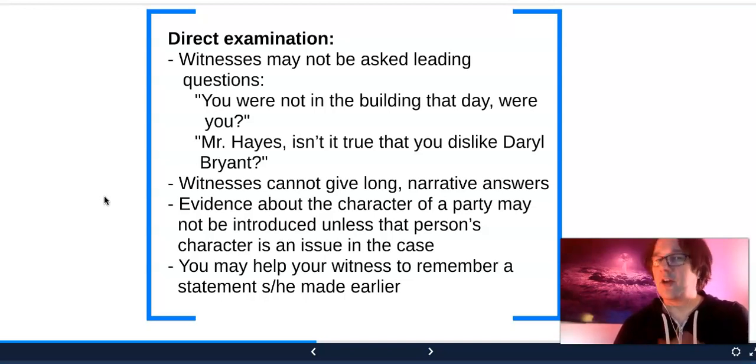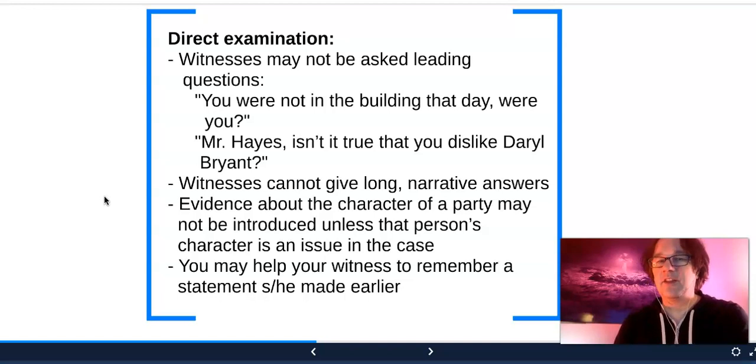Also, evidence about the character of a witness or a defendant might not be introduced, so you can't have character evidence unless that person's character is a major issue pertaining to the case. So if we're dealing with an online scammer, you might be able to use some character evidence to show that this person has a history of lying and cheating.